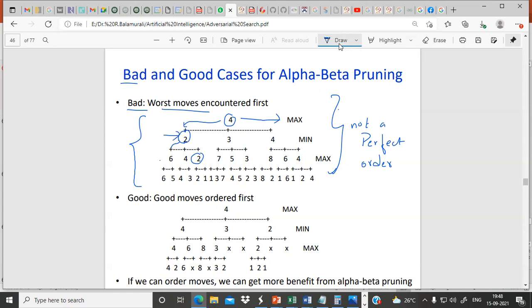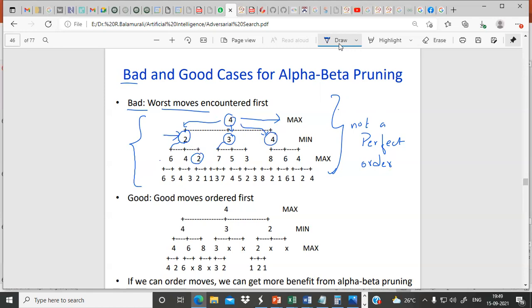Now this node has to explore the next child. When the root explores the next child, the same procedure happens. The max player and the min player play alternately, and finally the backed up value at this position is 3. Similarly, when this node is explored, the max and min play alternately, and the backed up value at this position is 4.